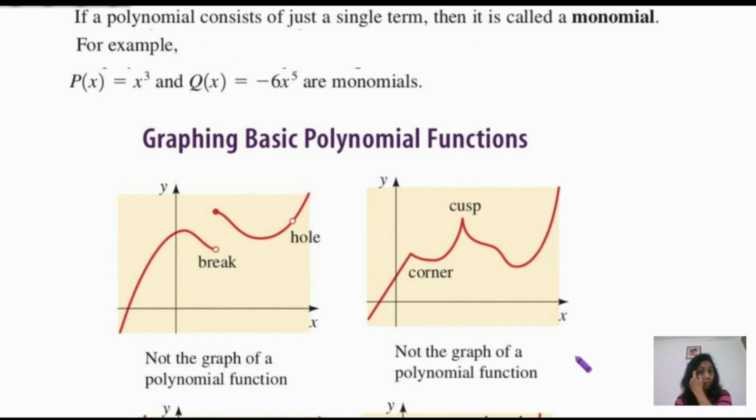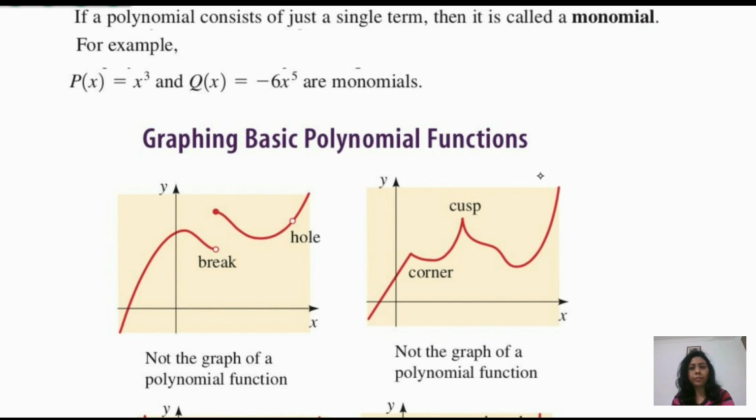Here we will discuss graphing basic polynomial functions. The graphs of polynomials of degree 0 or 1 are lines, and the graphs of polynomials of degree 2 are parabolas. The greater the degree of a polynomial, the more complicated its graph can be.